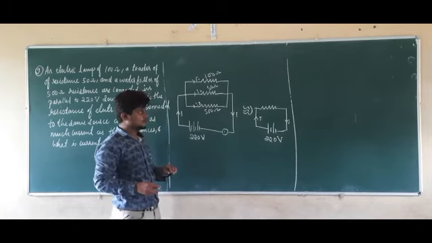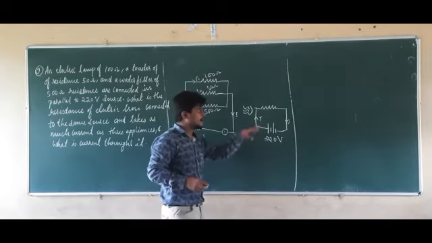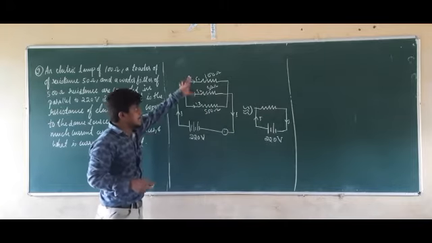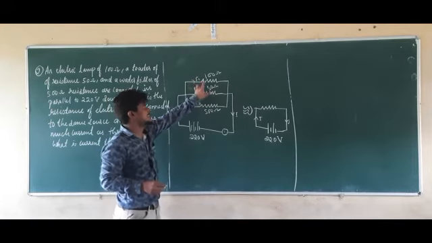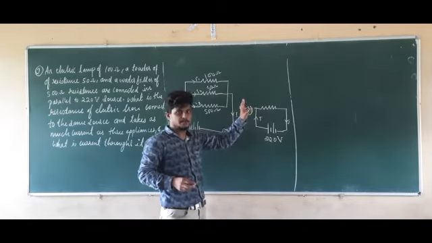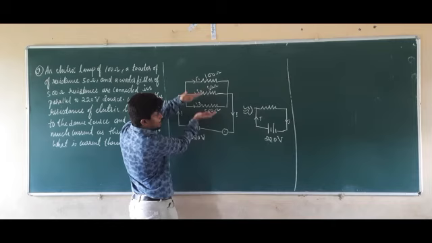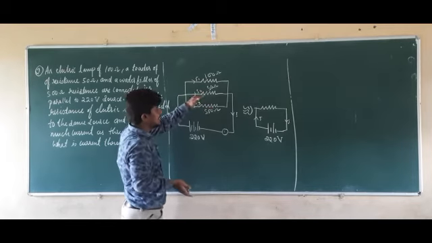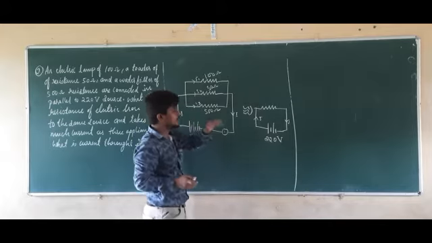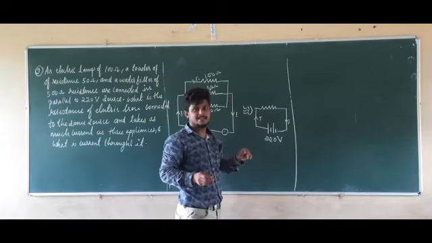So what we have to find out here is the resistance of this electric iron, which is equal to the effective resistance of these three equipments. So we are going to merge these three equipments into a single equipment. Then whatever resistance comes from these three equipments will be equal to the resistance of this electric iron.